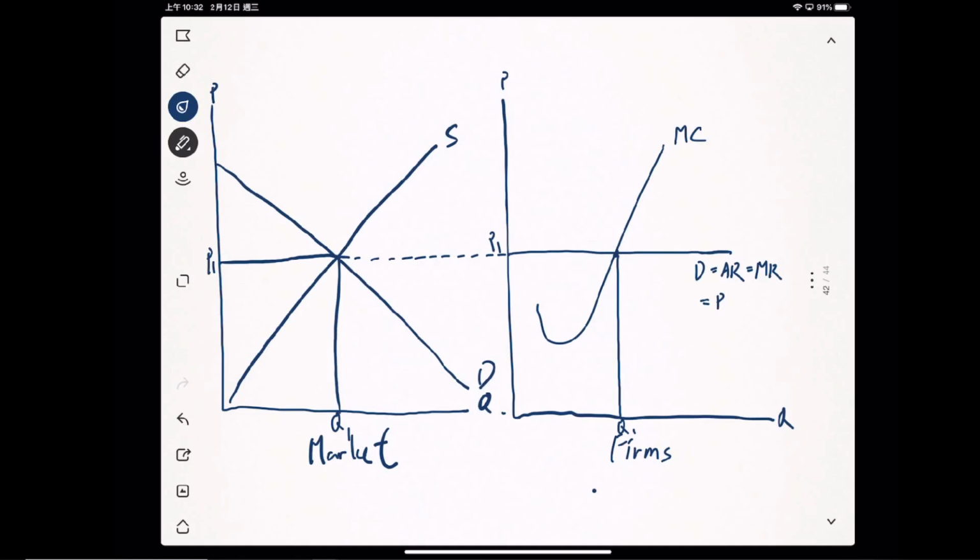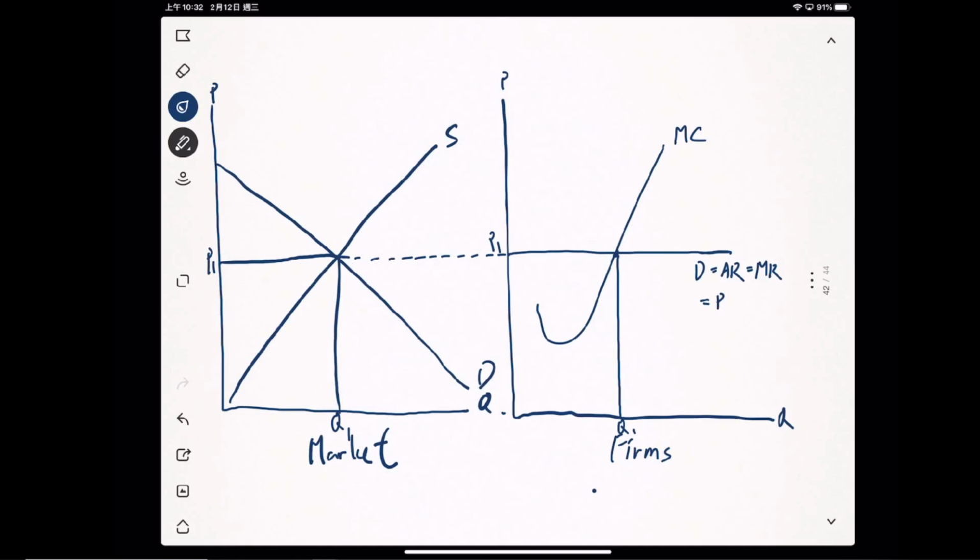If you want to get profit at this output Q1, you are selling at P1. The second step is to see whether the total cost is bigger or the total revenue is bigger, or whether the average cost is bigger or the average revenue is bigger. P1 is your average revenue at Q1.